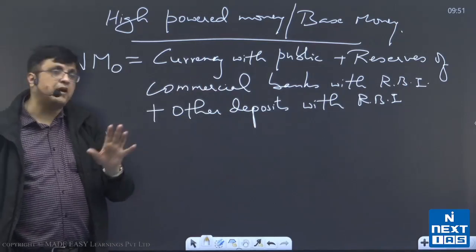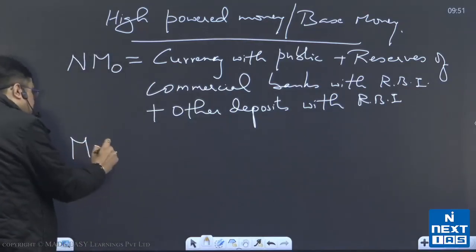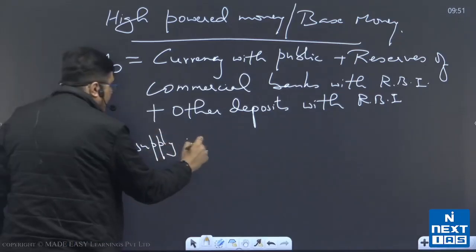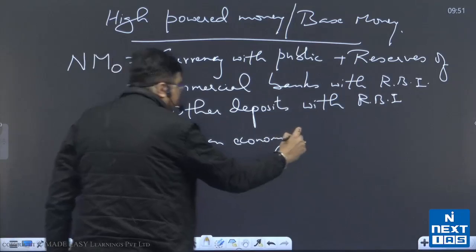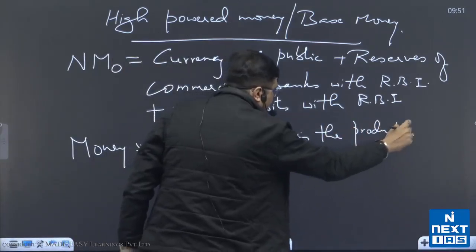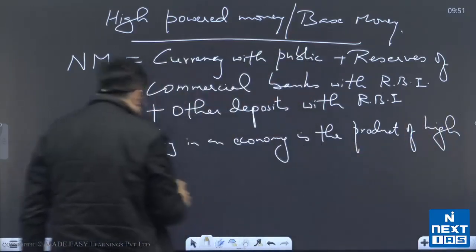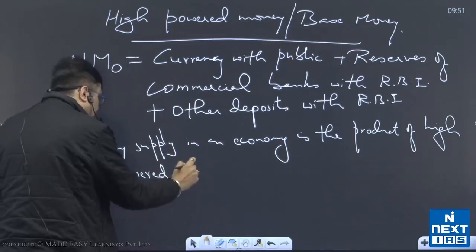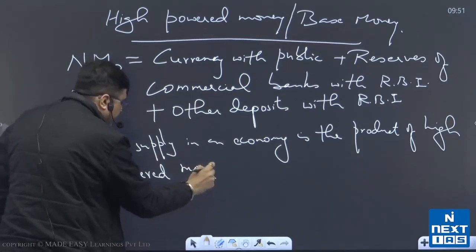It's called high-powered money because money supply in an economy is the product of high-powered money and money multiplier.